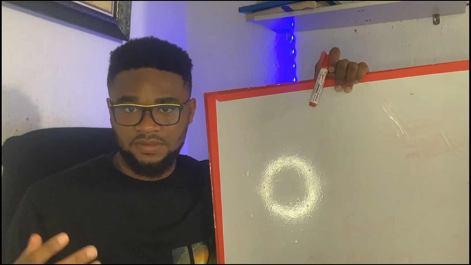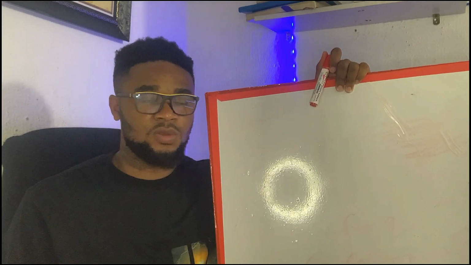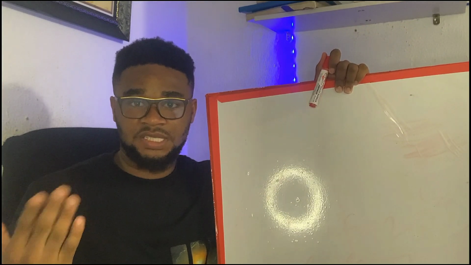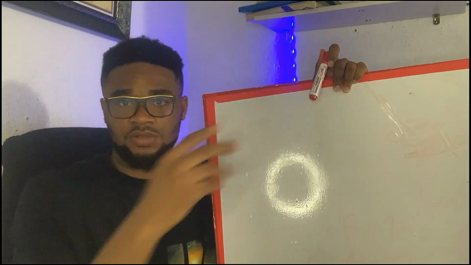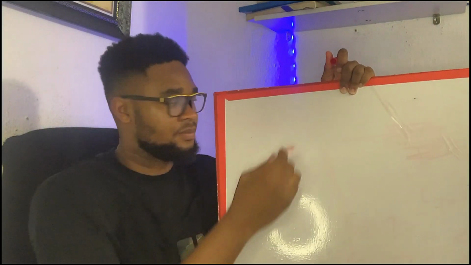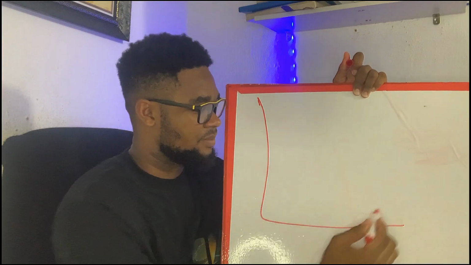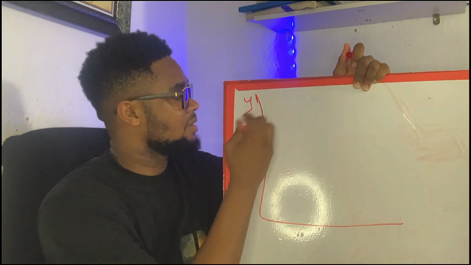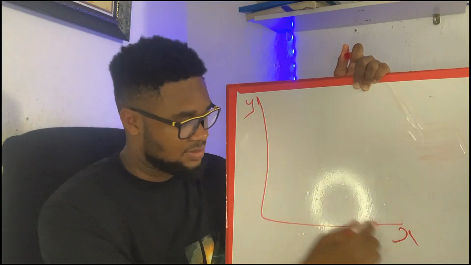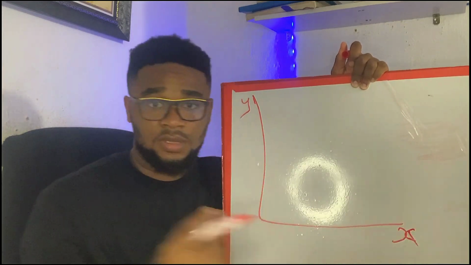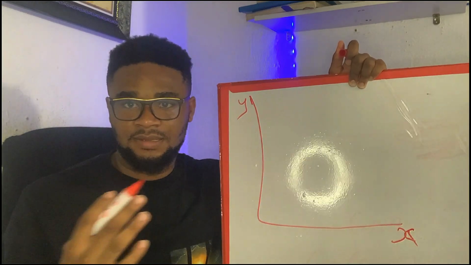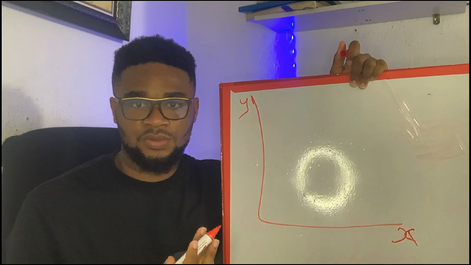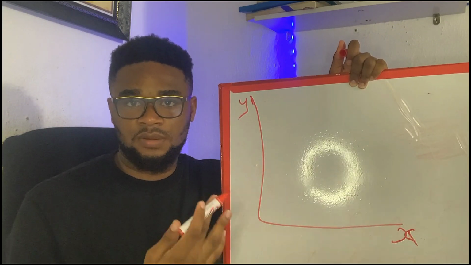If you're familiar with physics back then in school, you know that every chart has two sections, which is the y and the x axis. The same thing applies to the forex market.